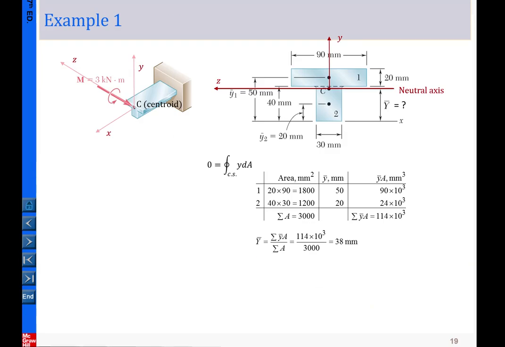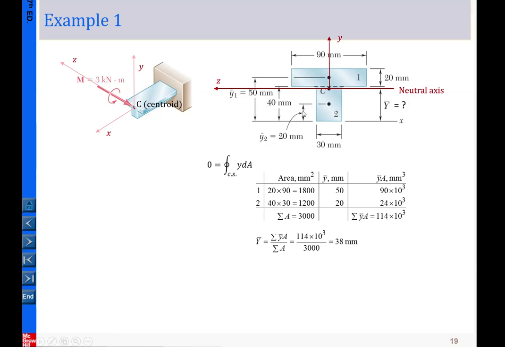Here is one example. Considering this shape with all the dimensions here, I pick the bottom as the datum for measurement.